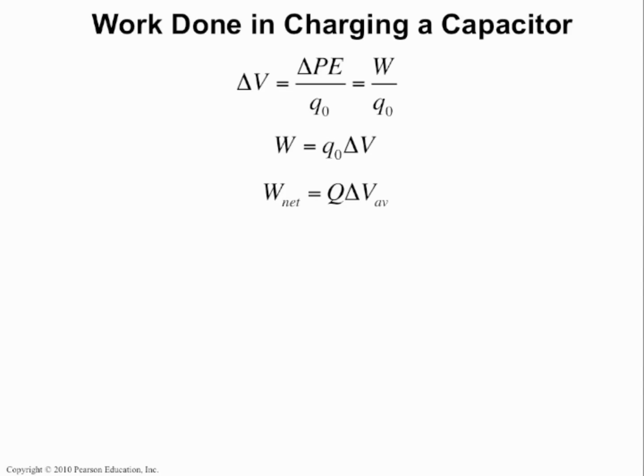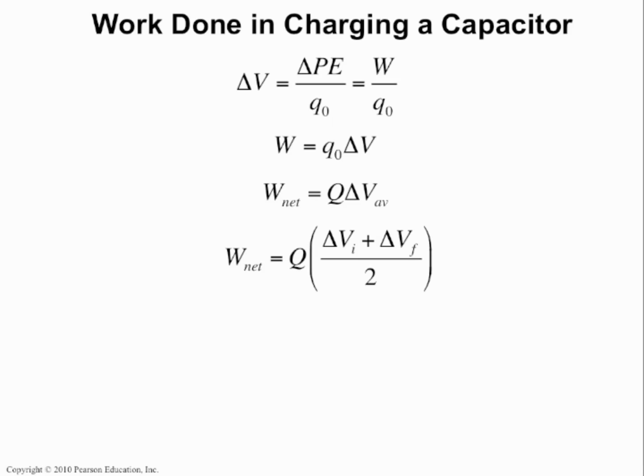So we have our overall work equals the overall charge times the average potential difference. That average potential difference is looking at what each little charge experiences from 0 to the total ΔV. And so we can rewrite ΔV_av as (ΔV_i + ΔV_f)/2, initial plus final over 2.